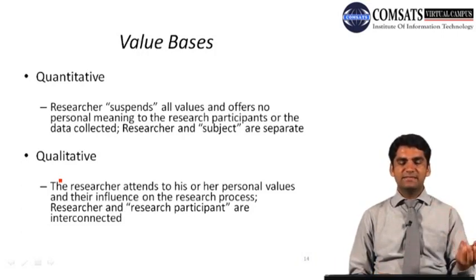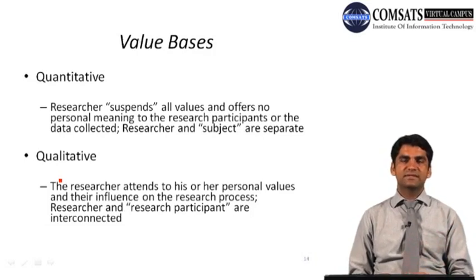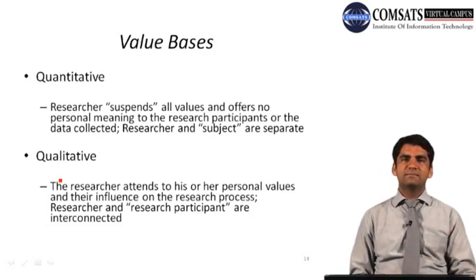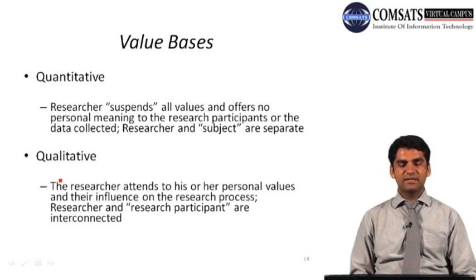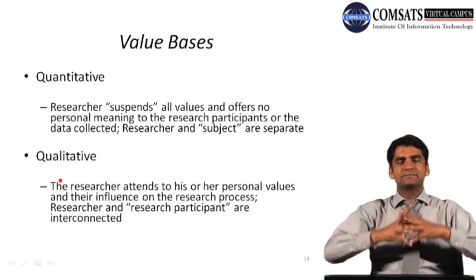The researcher suspends all values and offers no personal meaning to the research participant. So there is no personal meaning to the research participant. You suspend all values and you do analysis based on the numbers you have in quantitative analysis. While in qualitative, the researcher attends to his or her personal values and their influence on the research process.